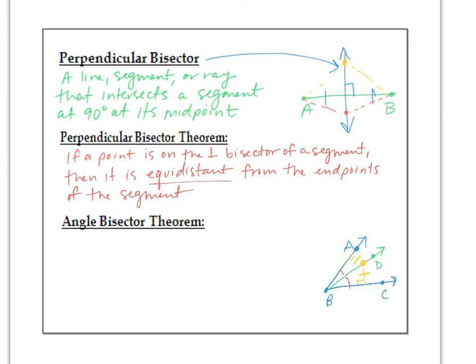So the angle bisector theorem says this. If a point is on the angle bisector of an angle, then it is equidistant from the sides of the angle.